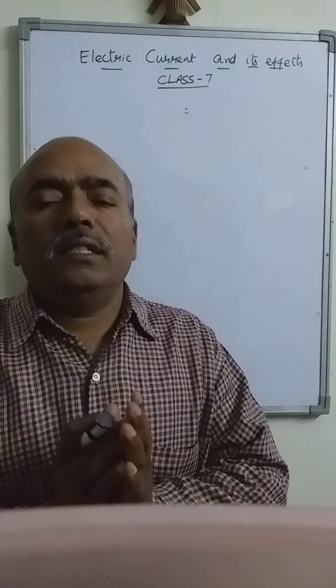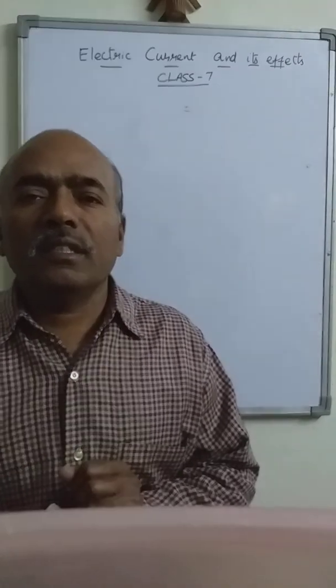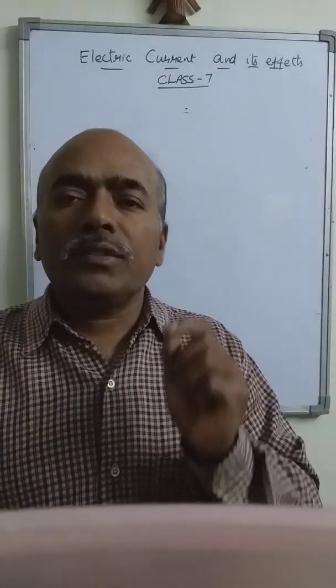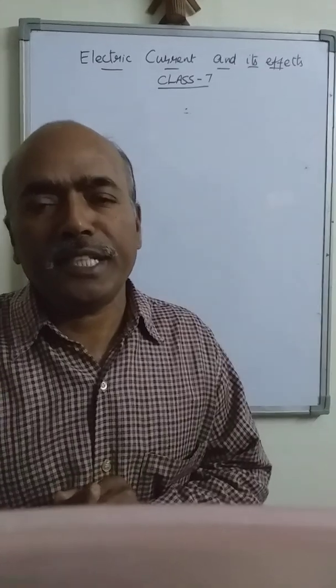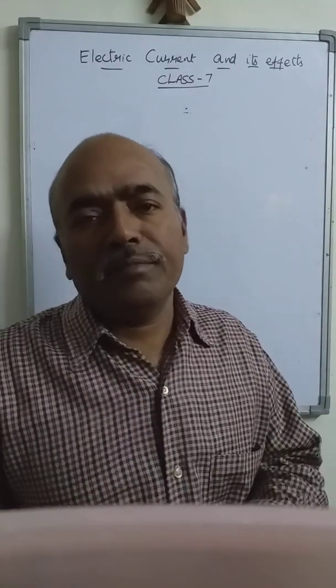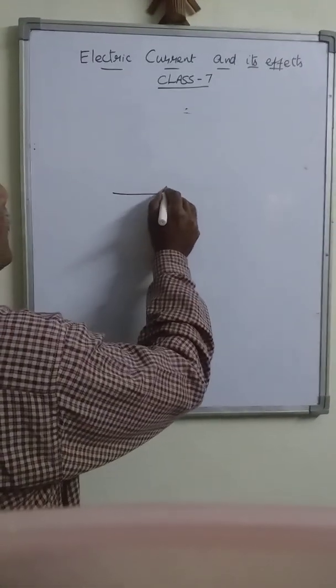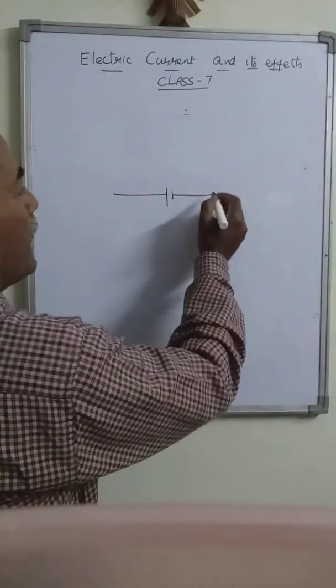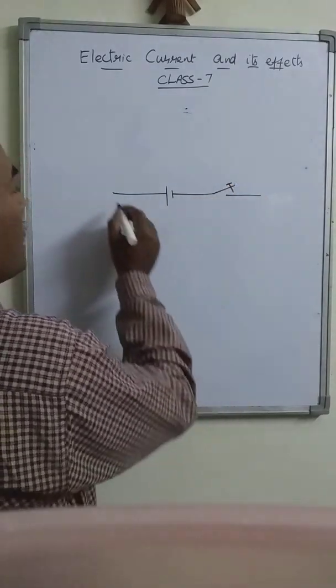And in this circuit, we connected three components: a cell, switch and a bulb. Three components were connected together. Suppose we take the same thing, a cell and the switch. Now the switch is kept open.